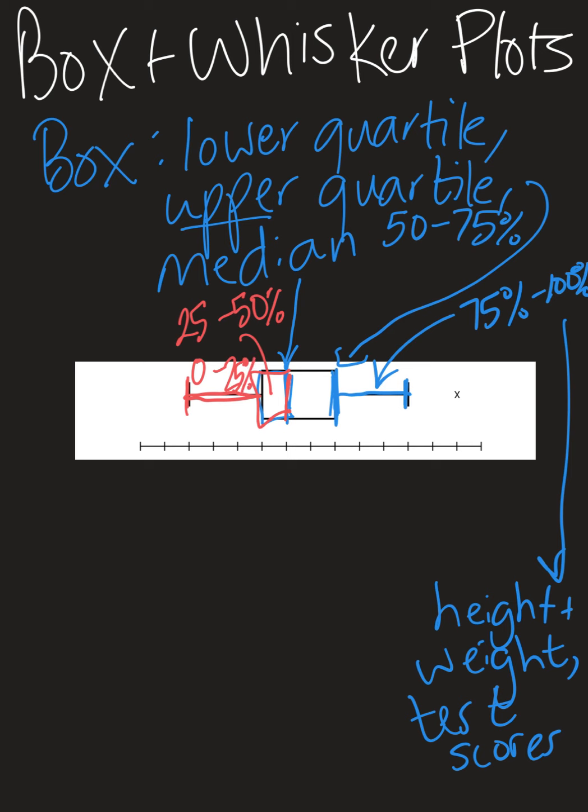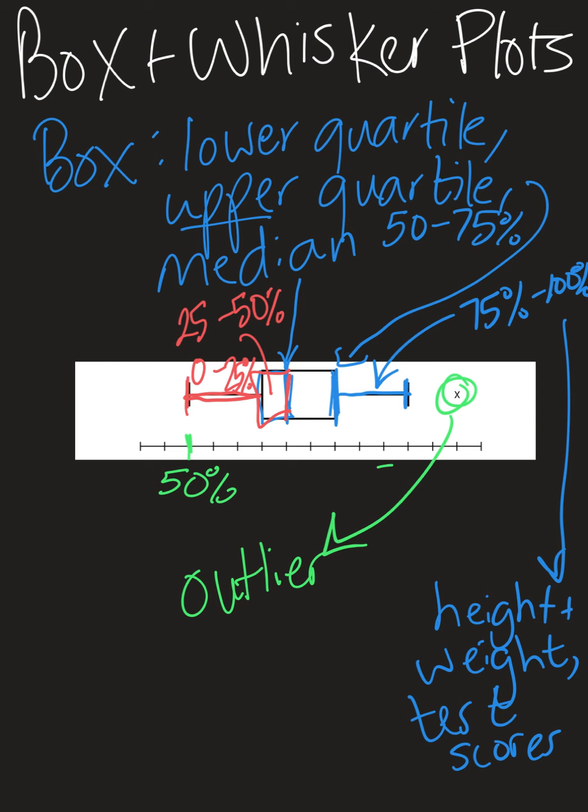Okay? You may have noticed there's this little X here on the side. That is called an outlier. So it's data that showed up. For example, if this was test scores, this could be from about, let's say, 50% to like an 89%.